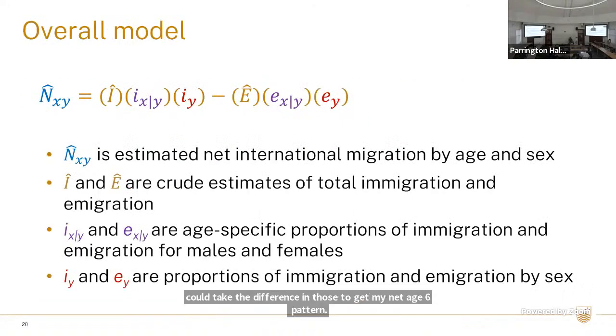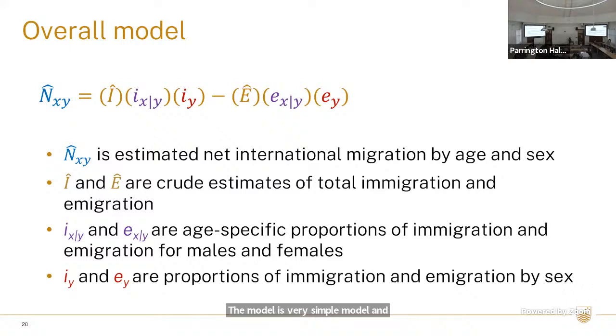The model is a very simple model in my view, where we were ultimately interested in this net age sex pattern of migration, which is equal to, basically on the left, immigration by age and sex minus emigration by age and sex. But in terms of a model, I'm breaking that up into 3 pieces on each side.